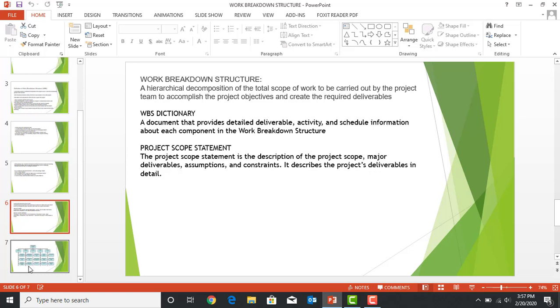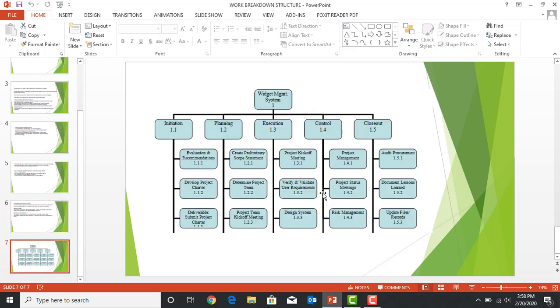The WBS dictionary is basically a supporting document, and it provides the detailed deliverable, activity, and schedule information about each component in the WBS. The WBS, like we can see it here again, looks something like this, right? It will only give you a bird's eye overview, something that tells you what we have in a project.